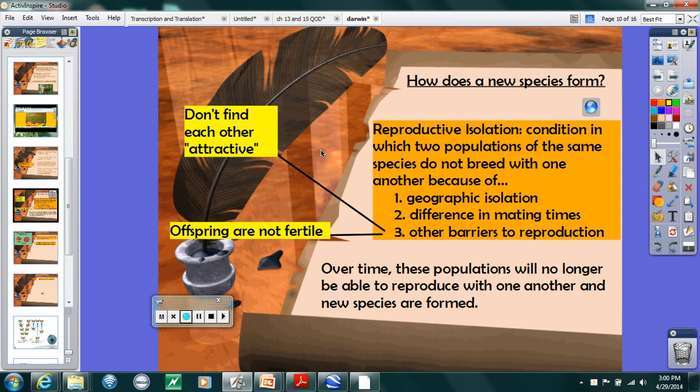But over time, 2 populations that are reproductively isolated will no longer be able to reproduce with one another, and in that case, that's when you get new species forming.